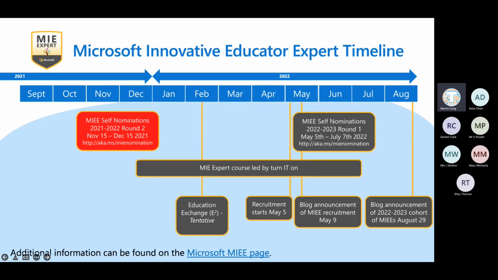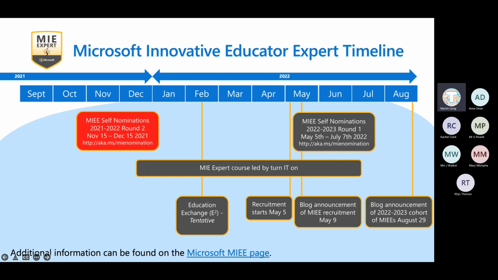What it looks like as a timeline: you need to get your application submitted for round 1 of this year in by the 7th of July, as I've said. Round 2 for this year, which would be slightly to the right hand side of this slide, you can see last year's there in red, will be approximately, as I've said, mid-November to mid-December if you find you missed this window. We are still there inside the team, so we've got our community and our team going at the same time.